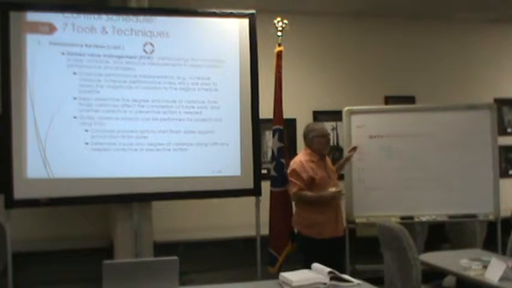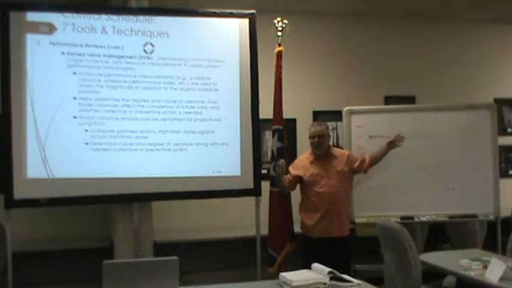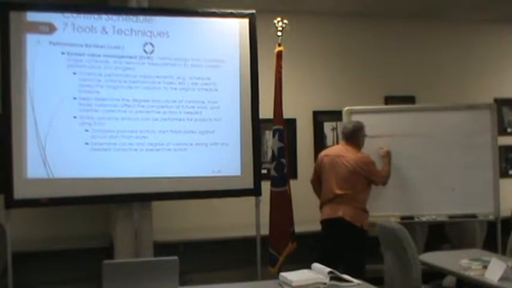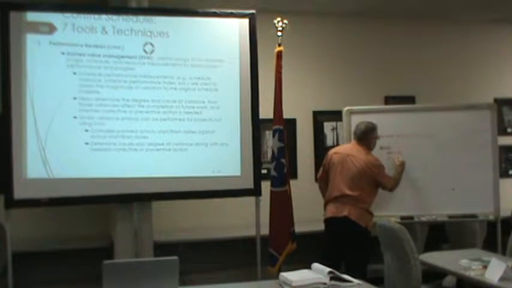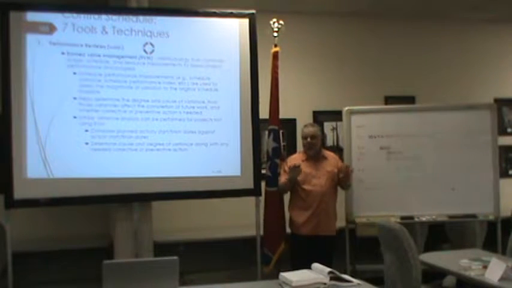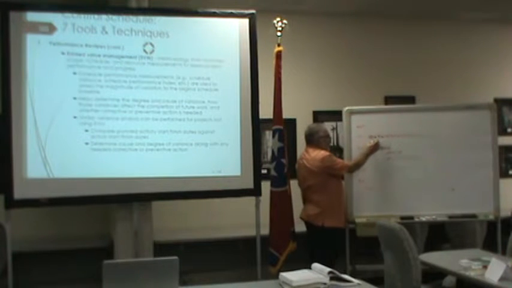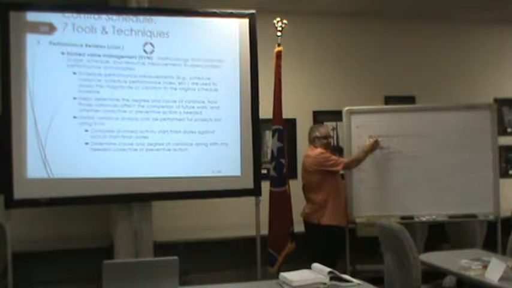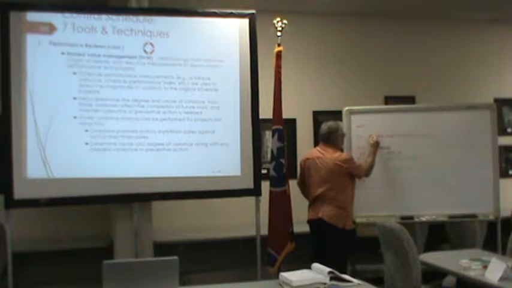I can come up with a cost per period. Everybody comfortable with that as a concept? Well then, for each one of these tasks, I can come up with a cost during that time period. Are you okay with that? I know what the work is. I know what the time period is. I know what the level of effort is, so I can come up with a dollar value.